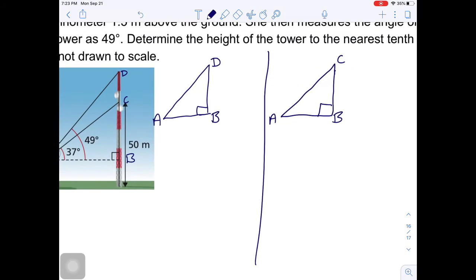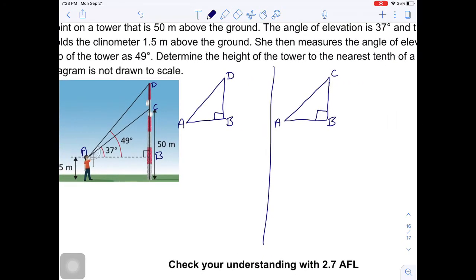Now, recognize I'm trying to find the measurement from D to C. The reason is because I'm going to add it to 50. Now, how am I going to do that?